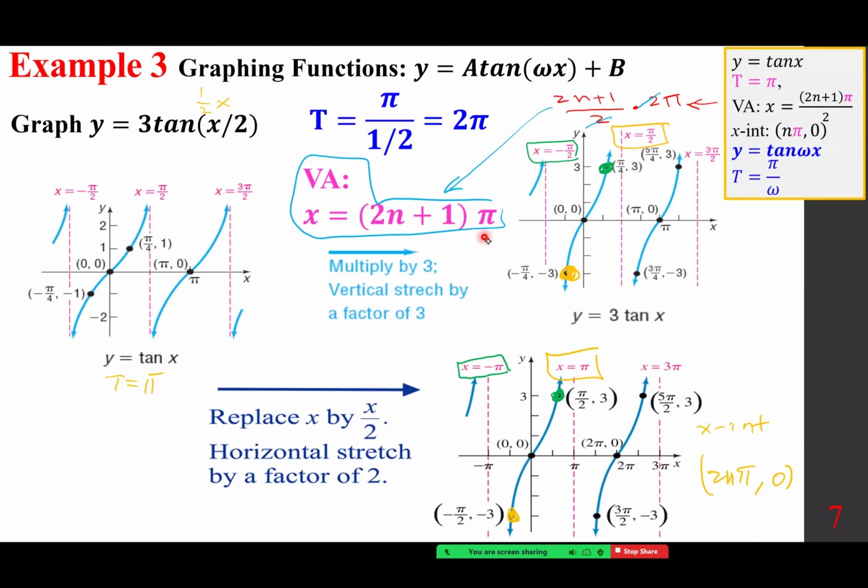And the vertical asymptotes at odd multiples of pi: minus pi, pi, 3 pi, 5 pi, 7 pi, and so forth. So that's various transformations of tangent. The graph of y equals 3 times tan of x over 2 looks like what you see.